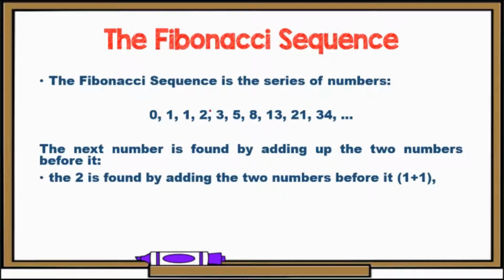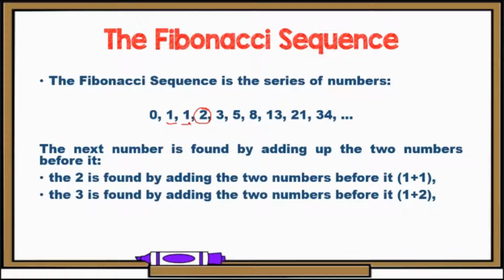For example, to get 2, we add the two numbers before it, which are 1 and 1. The 3 is found by adding the two numbers before it, which are 1 and 2. The 5 is from the sum of the two numbers before it, which are 2 and 3, and so on.